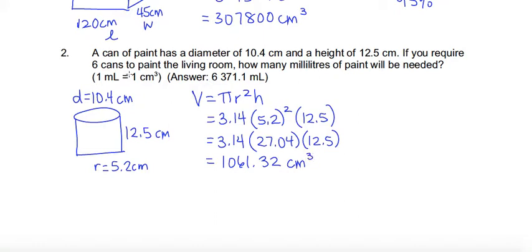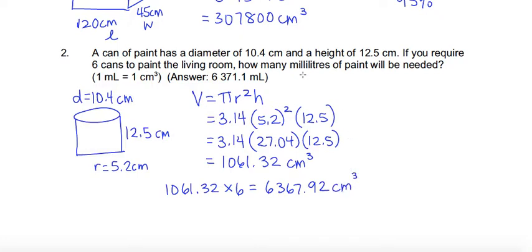Now I need 6 cans, so this was the volume for 1 can. So I want to take my volume of 1,061.32 and multiply it by 6 to get the volume for 6 cans. So that is 6,367.92, and my units are centimeters cubed.